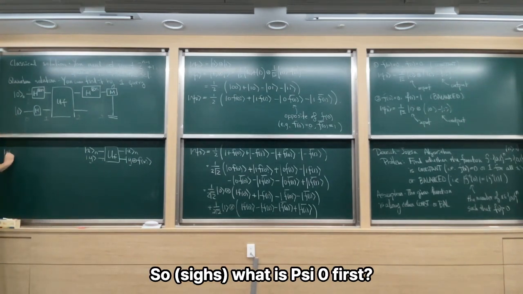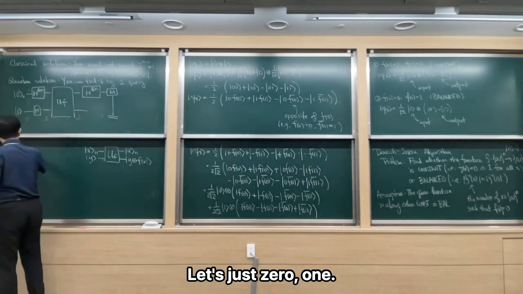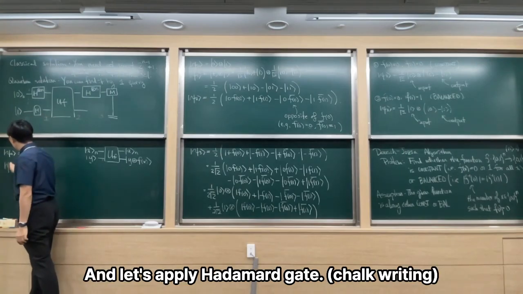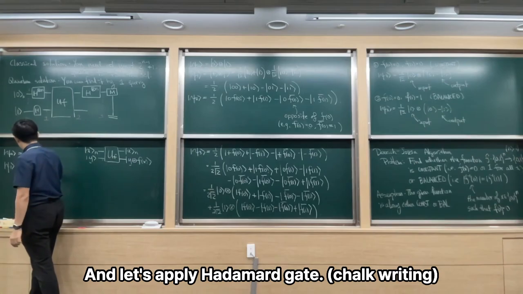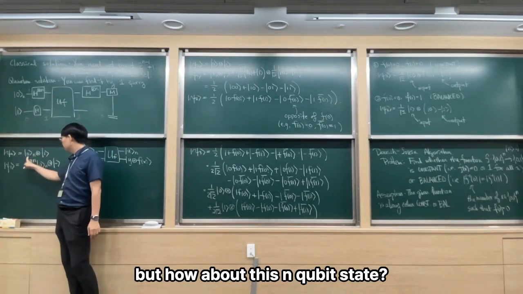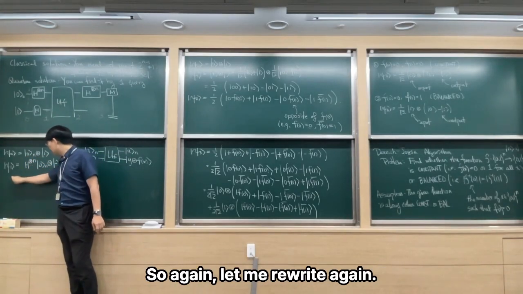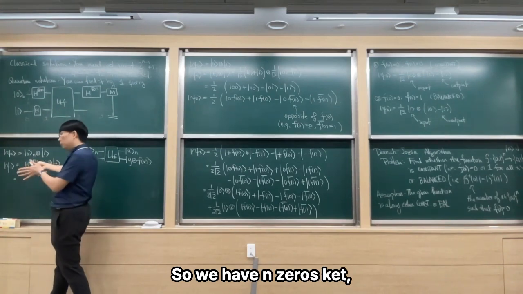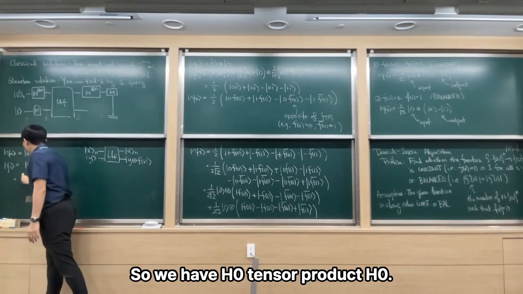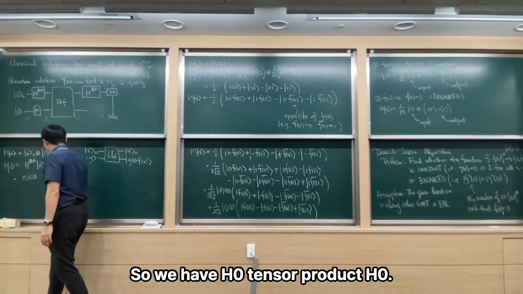So what is psi 0 first? Let's say ket 0, ket 1. And let's apply the Hadamard gate. So ket 1 becomes the minus ket. But how about this n-qubit state? Let me rewrite it again. We have n qubits initialized at ket 0, so we have H on 0 tensor product H on 0.